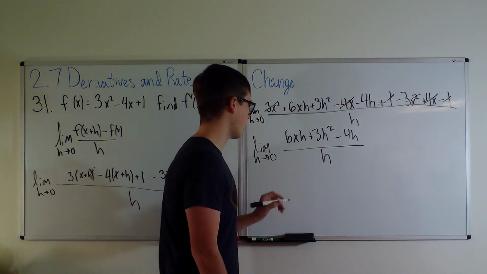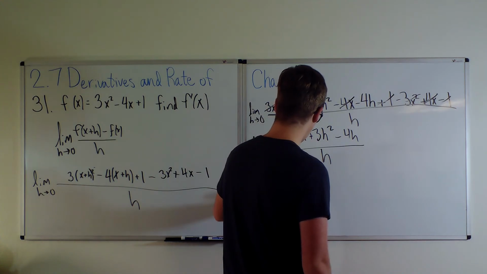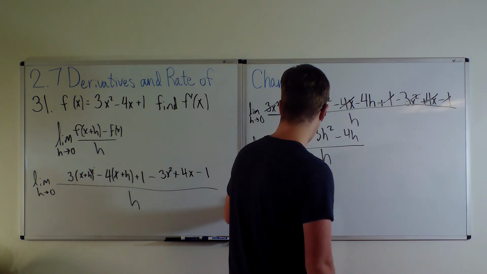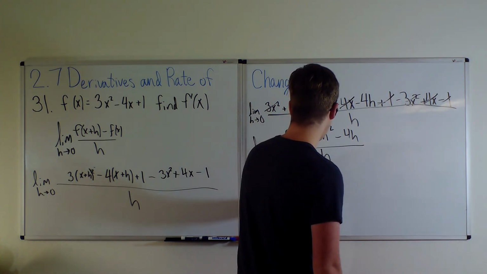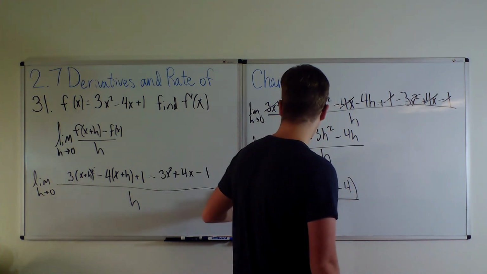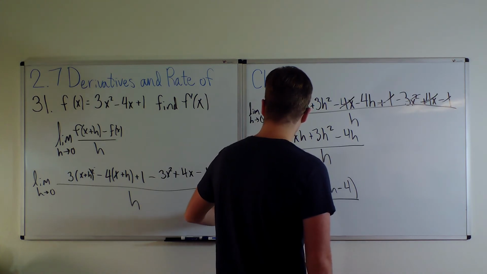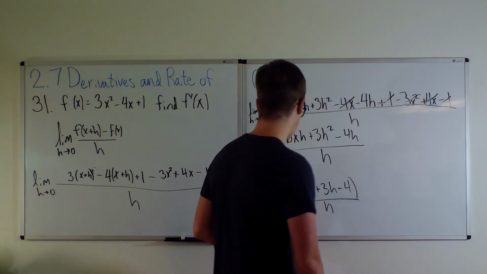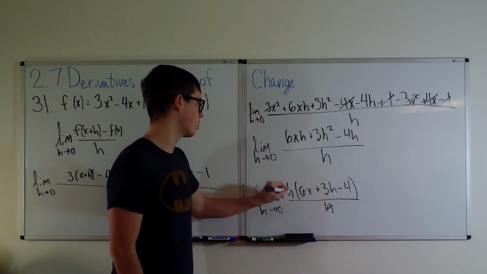So what do we do next? We take out an h: h times (6x plus 3h minus 4) over h, limit as h approaches 0. We have that, cross out your h's.